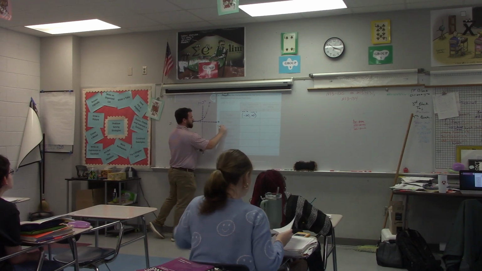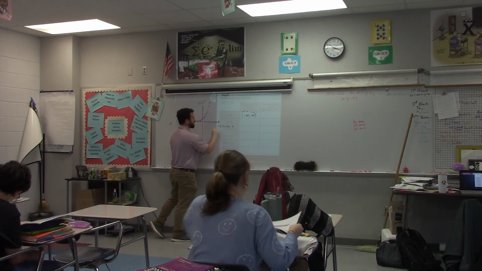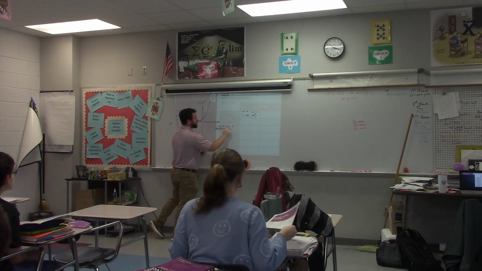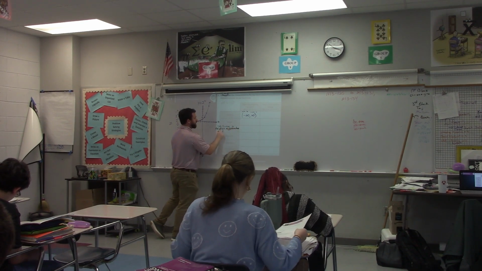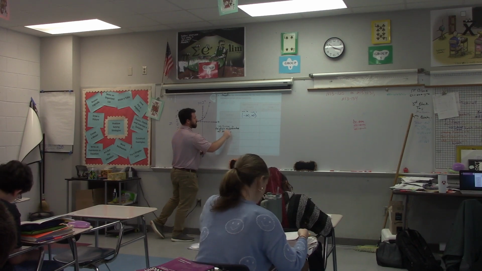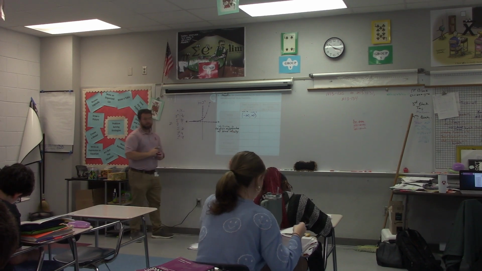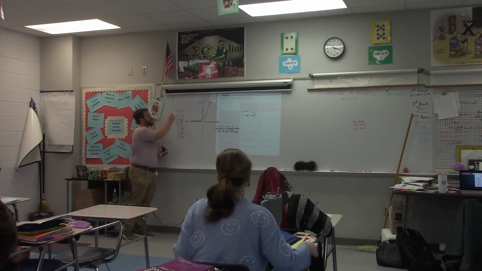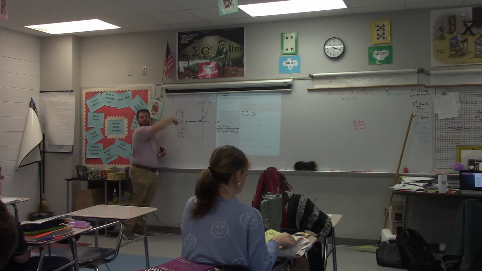So line or curve, I don't even need to say function, a relation, approaches at some infinity. Because I do want you to notice, if I keep going with this, what kind of numbers am I never going to get for my outputs?